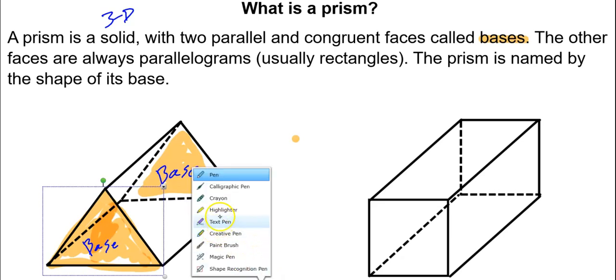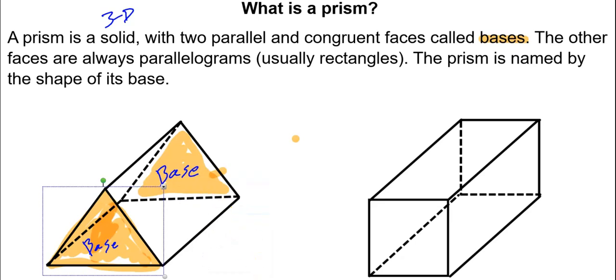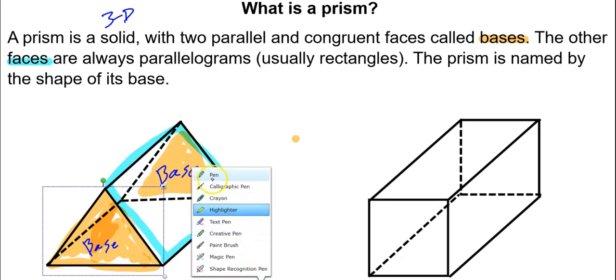And then we have our parallelograms. The sides, for lack of a better word, are our faces. So because this is a triangular prism, these rectangles are the faces. I'm not going to color them in because then the base will disappear.